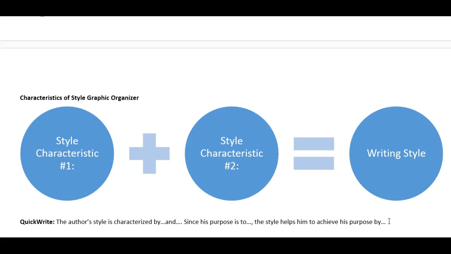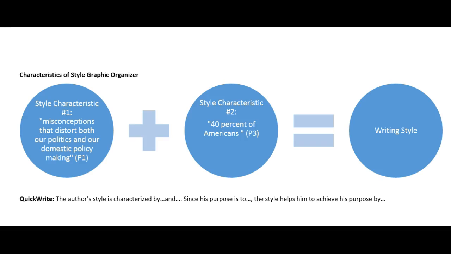Any element of style that the author is using is what I'm going to be looking for. According to the pieces of evidence that I pulled from paragraphs 1 and 3, I can identify the author's writing style as somewhat impersonal. Let's take a look at the evidence from paragraph 1.